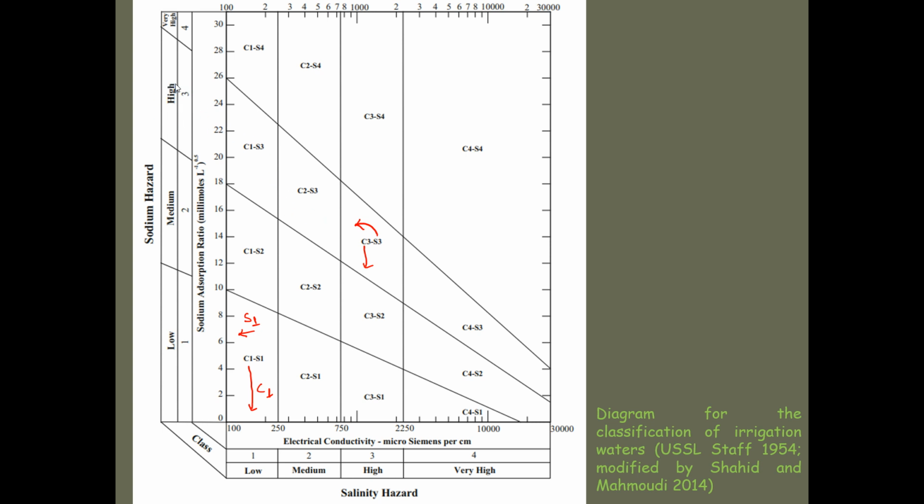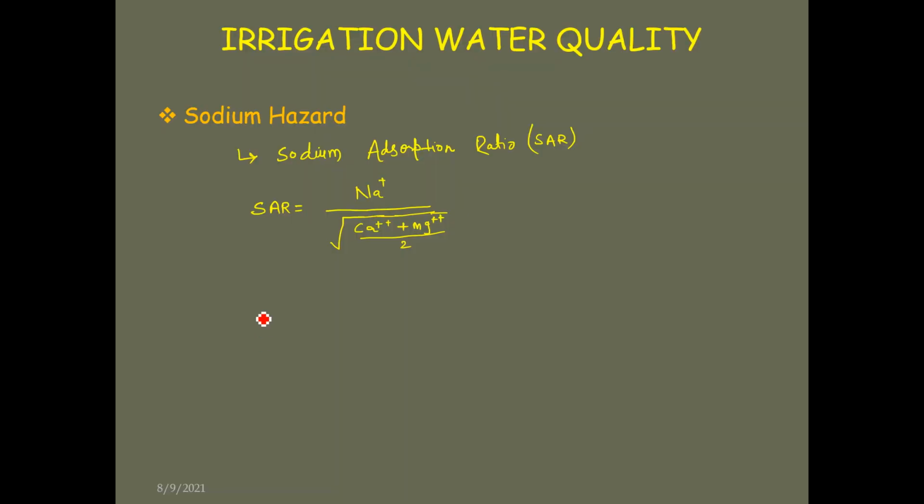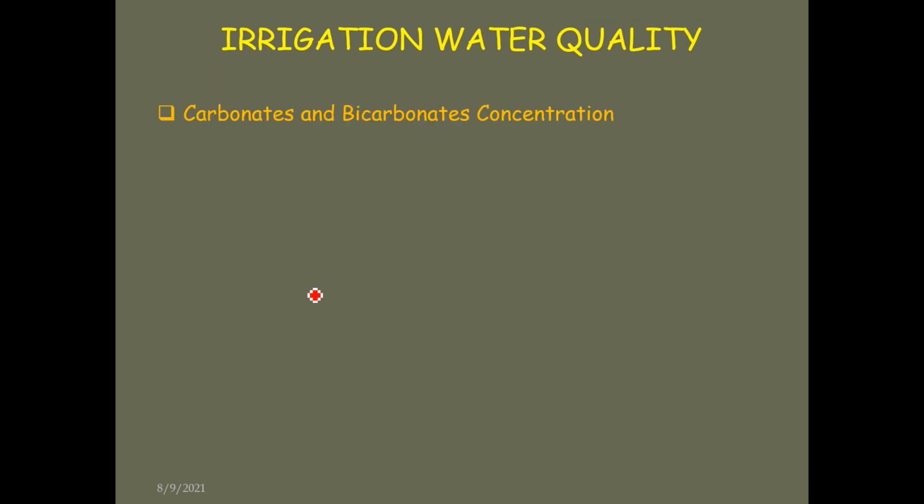Okay. Now, after this sodium hazard, there is again a problem of carbonates and bicarbonates concentration. What if the water is high in carbonates, that is CO3 minus 2, and bicarbonates, that is HCO3 minus?